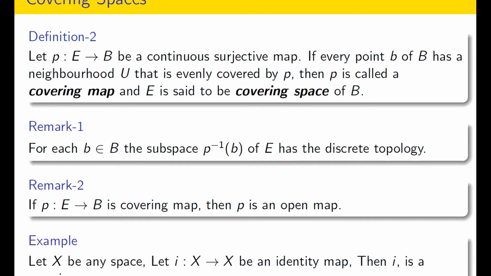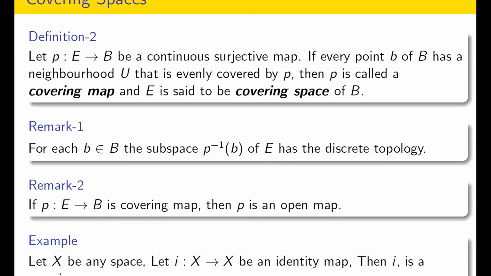Now, an example of a covering map. This is the most trivial example. Just take X to be any space and take the identity map I from X to X. Then I is a covering map. Why? What we have to check is that for each point, we need a neighborhood which is evenly covered. So take any point and any neighborhood.